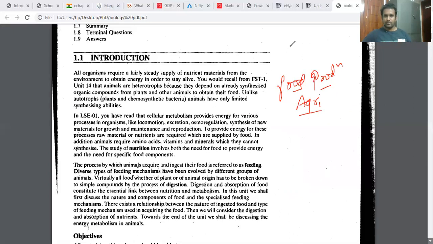So our body, in addition, animals including us, require lots of amino acids, vitamins and minerals which we cannot synthesize. The study of nutrition involves both the need for food to provide energy and the need for specific food components. So nutrition talks about two things here. One is food requirements, meaning whether you are taking an apt amount or not.